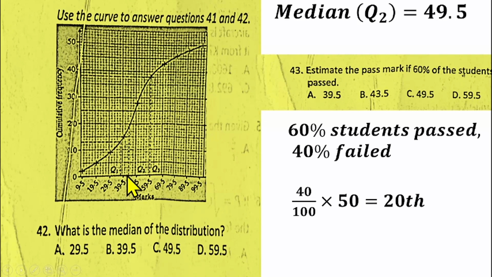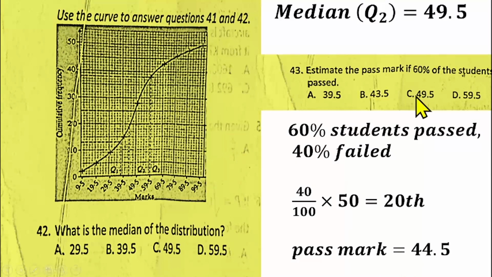So each line should be 2. I can't see the graph very well, but I think the line falls between the second and the third line. So assuming it's 5, 5 plus 39.5 will give us 44.5. But the highest he has here is 43.5, so you can still go with 43.5 as our answer.